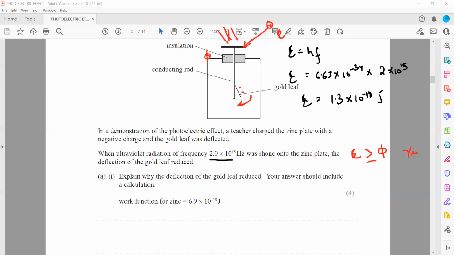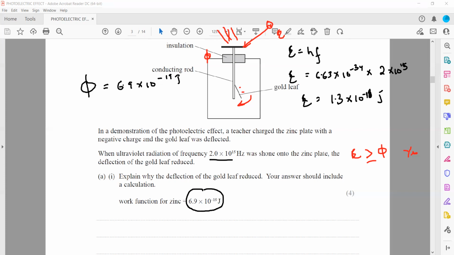Now we will compare this energy with the work function. So what is the work function given here? The work function of zinc is 6.9 into 10 power minus 19 joule, the minimum possible energy which we need to remove an electron.